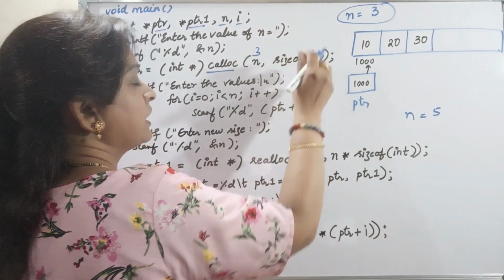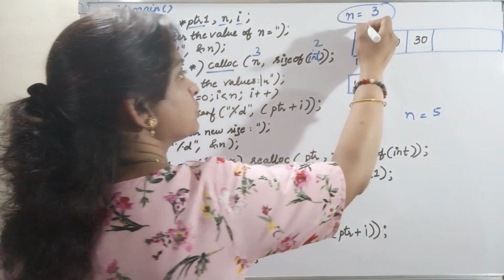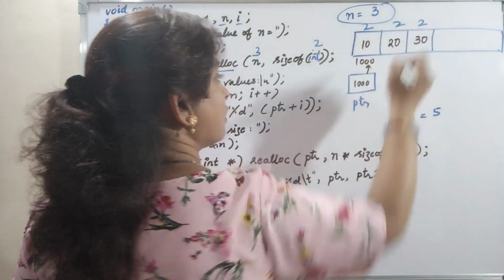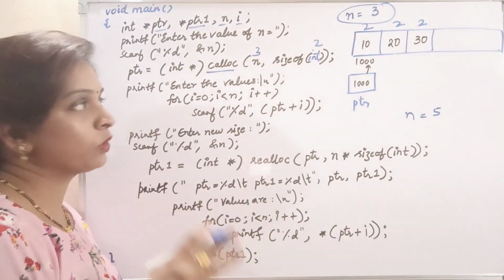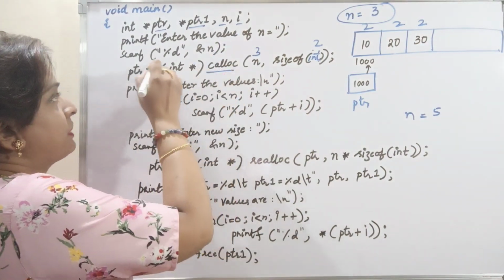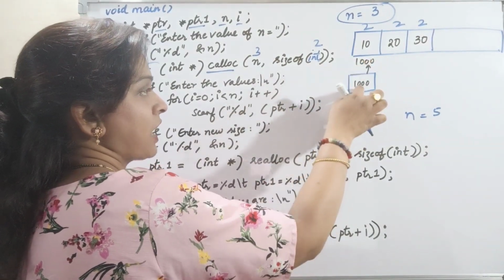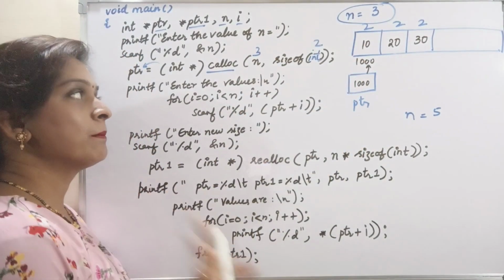Let us say 2 bytes. So 3 into 2, totally 6 bytes of multiple blocks of memory of the same size will be allocated with calloc. And the base address will be held in PTR. So say the base address is 1000. PTR is having 1000, pointing to the base address.